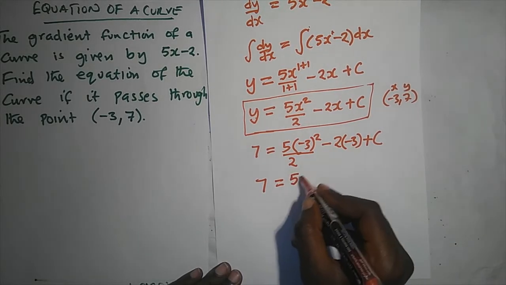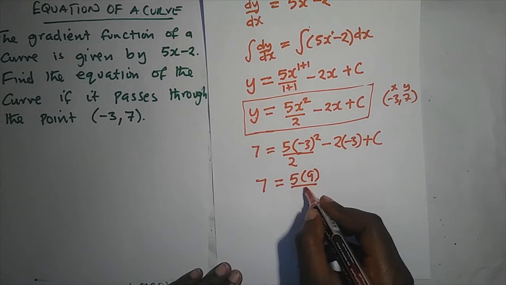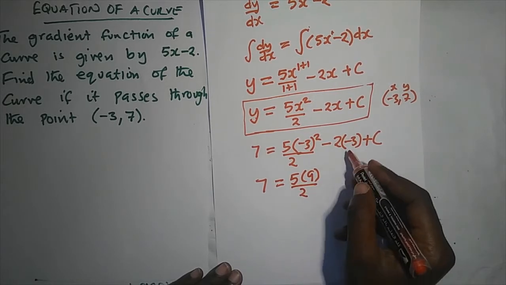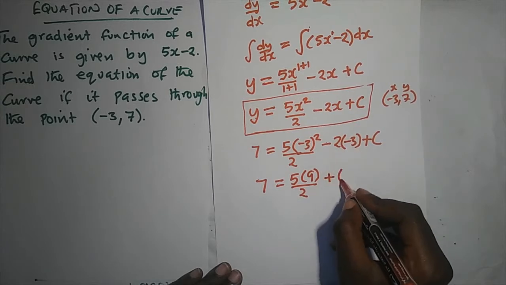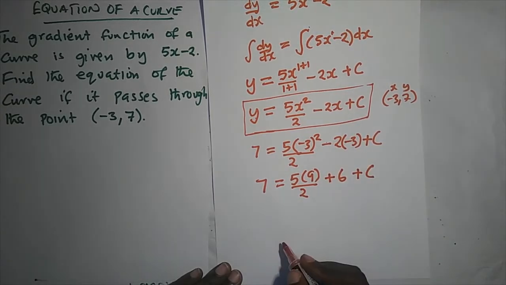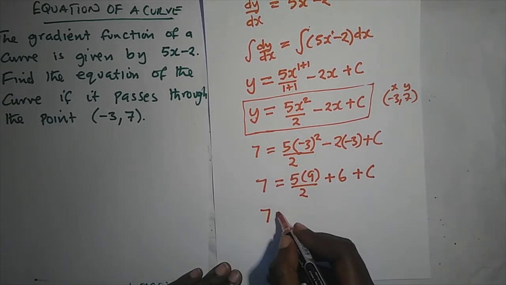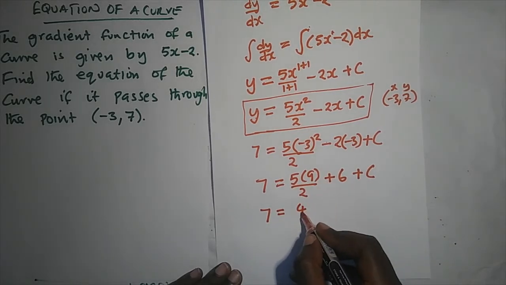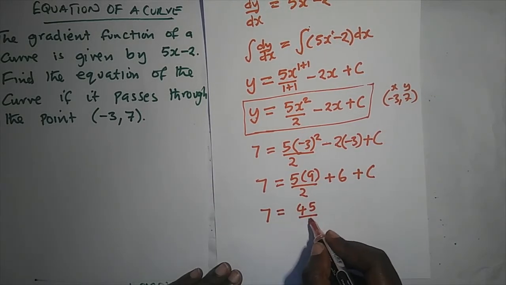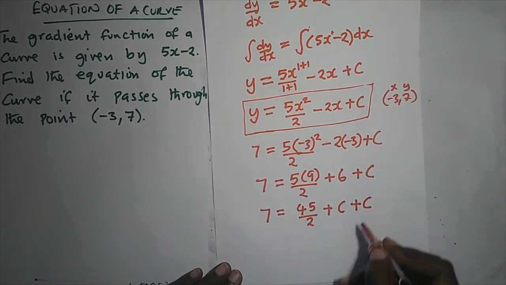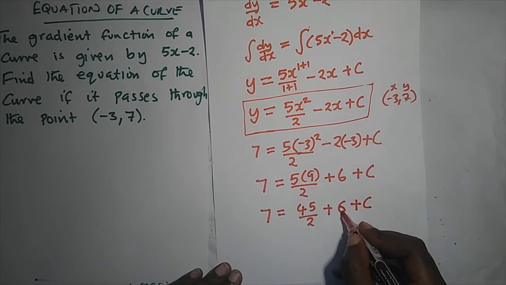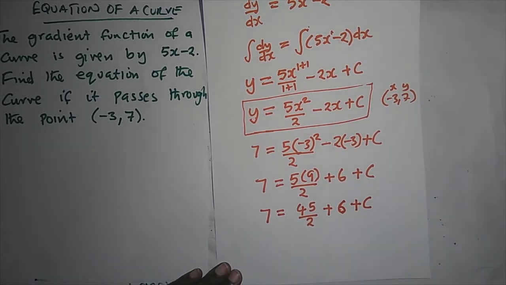So you're going to have 5 times 9 over 2. Then here negative times negative will give us a plus, so 2 times 3 is 6, plus c. Then you can continue simplifying: 5 times 9 is 45 over 2, plus 6, plus c.